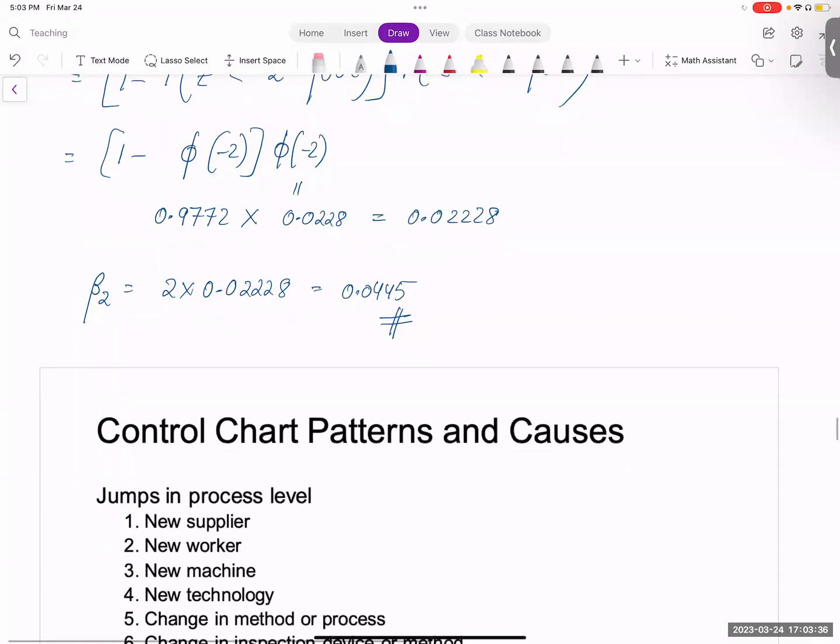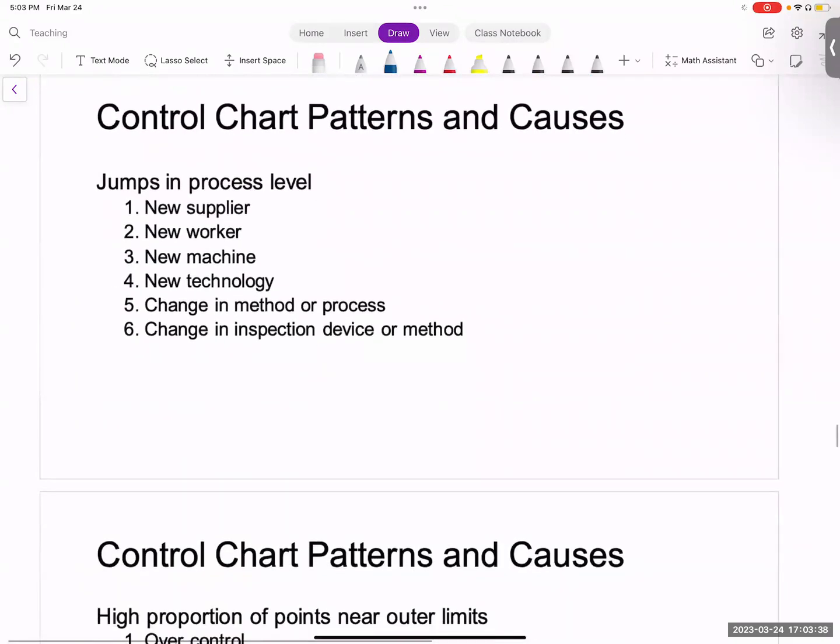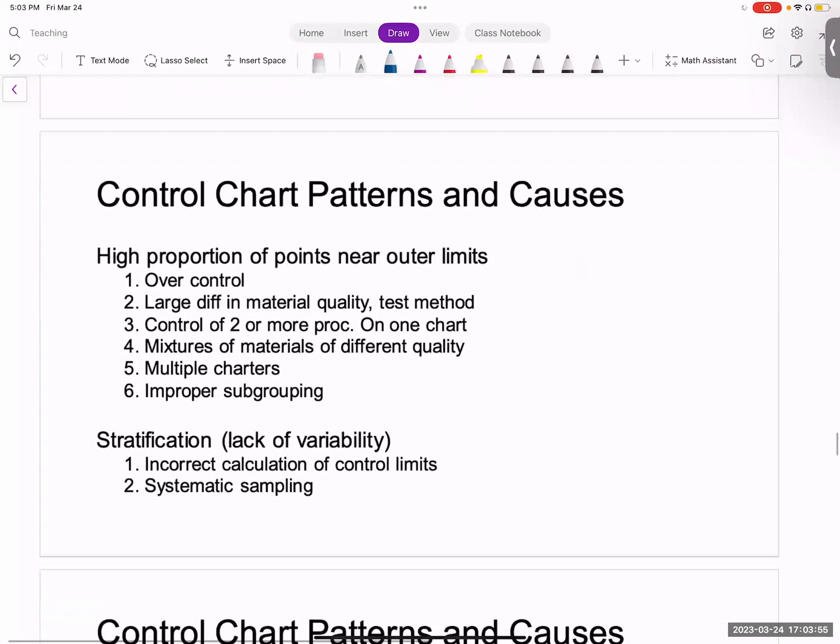All right, now let's look at a couple of things. This is not very important, but I've mentioned a couple of factors that you can identify as potential causes for when the process goes out of control. And then there are some patterns that you can actually see in control charts. One of the patterns that we typically talk about is that you might see a high proportion of points near the outer limits.